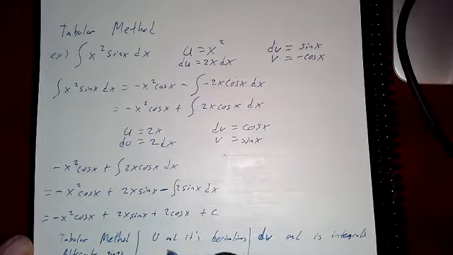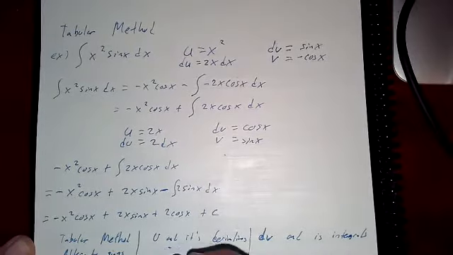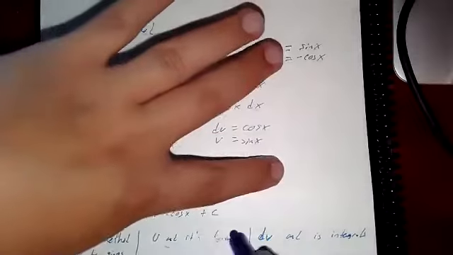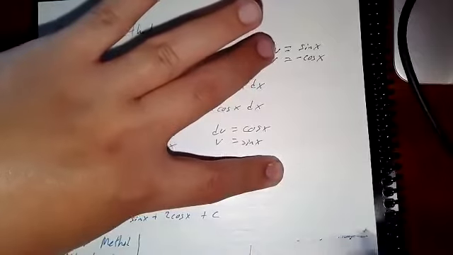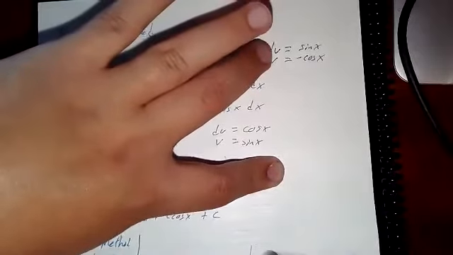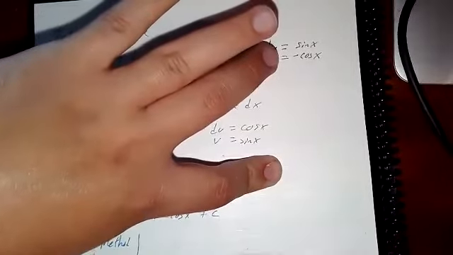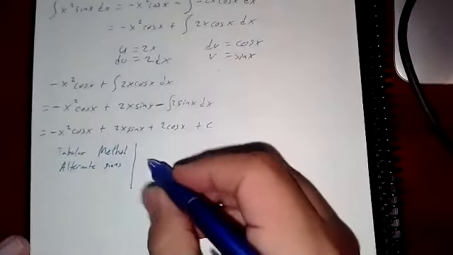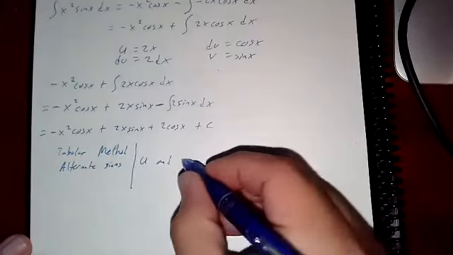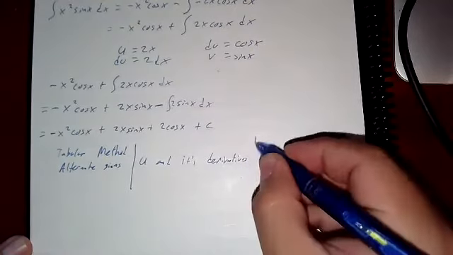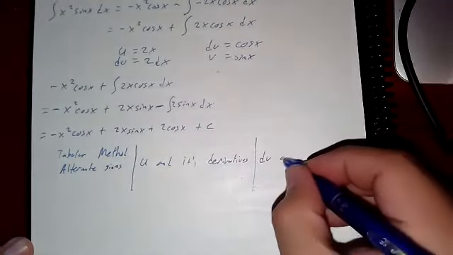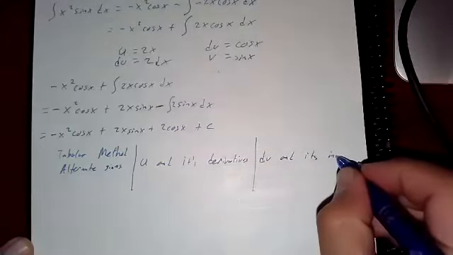So at the beginning we chose u to be this, right? Shoot, I wrote it weird. Hang on, it's going to bother me. All right, u and its derivatives. dv and its integrals.